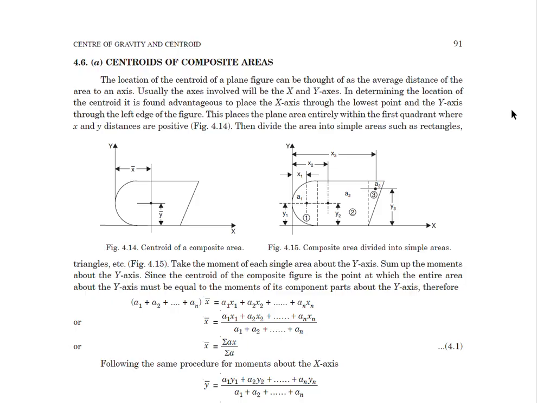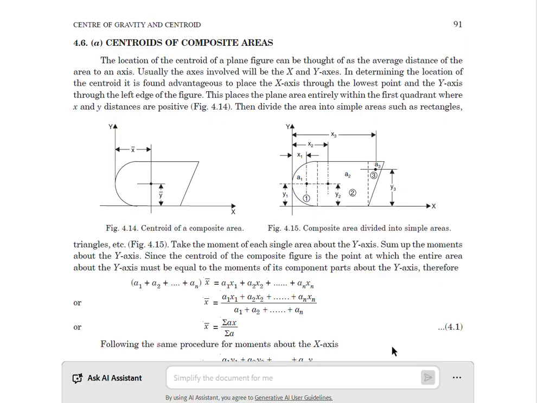For rectangle it is just the center point of the rectangle, and for triangle it is one third of the height from the base, both in x and y direction. So these things are very well known to us using those formulas.